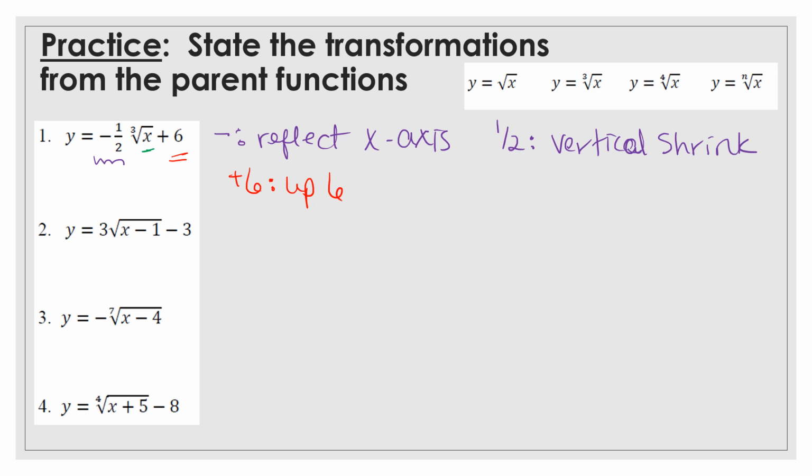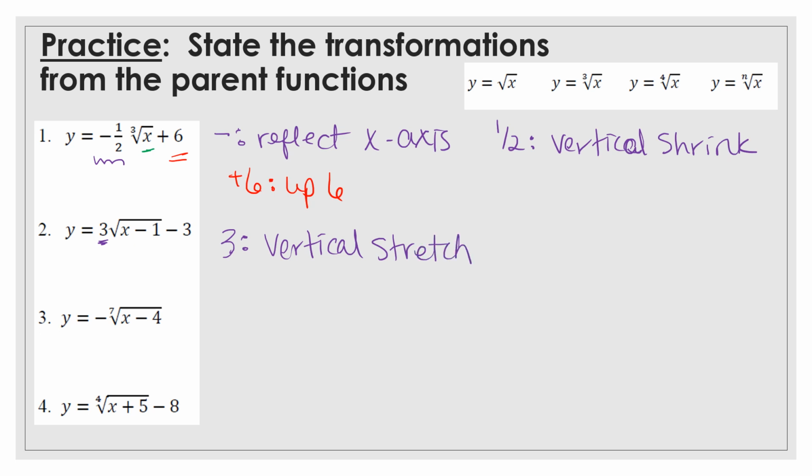Okay, I'm going to stick with my color coding. I think it kind of helps. All right, so example 2, 3 times the square root of x minus 1 and then minus 3. So that 3 in the front, I'm talking about the leading coefficient, is greater than 1, so that is a vertical stretch.